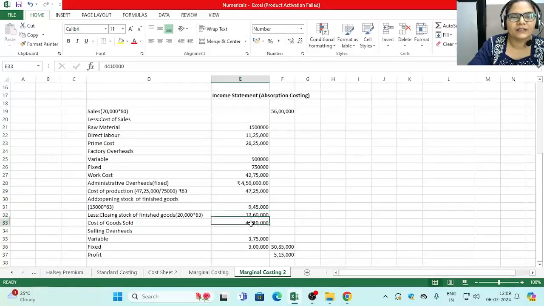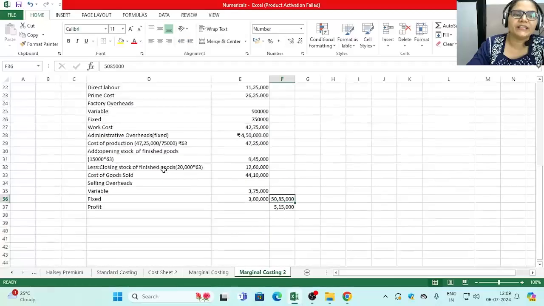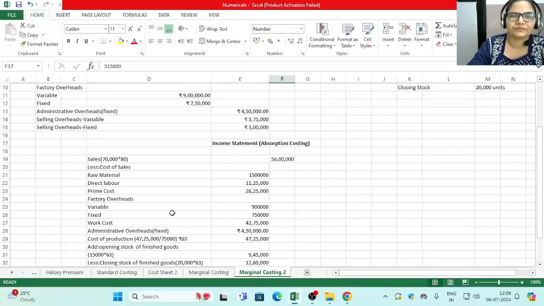After that, we will add all these values in the cost of goods sold, and we will get 50,85,000. And from 56 lakh, we will deduct 50,85,000, which is the cost of sales or total cost based on absorption costing. They generally do not differentiate between fixed and variable overheads. And finally, we will get the profit 5,15,000.